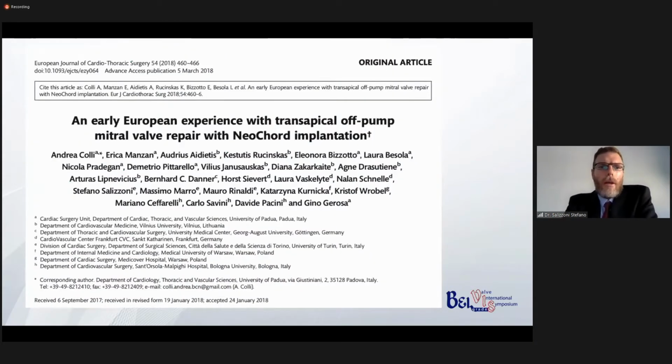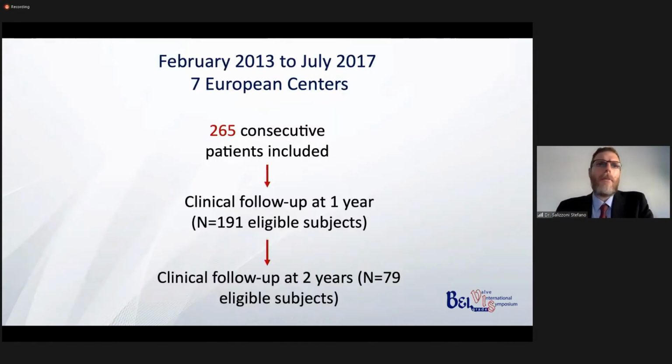And this is one of the most important studies with a good number of patients, a multi-center study, 7 European centers, all patients that were operated between 2013 and July 2017.